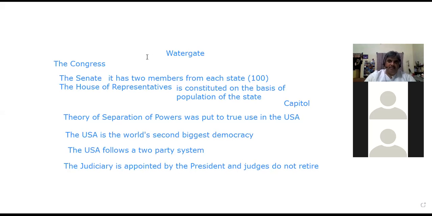And just imagine now there is a judiciary that is dominated by Republican appointed members or judges, and the party is the Democratic Party, which is supposed to have sent the president and the running mate.